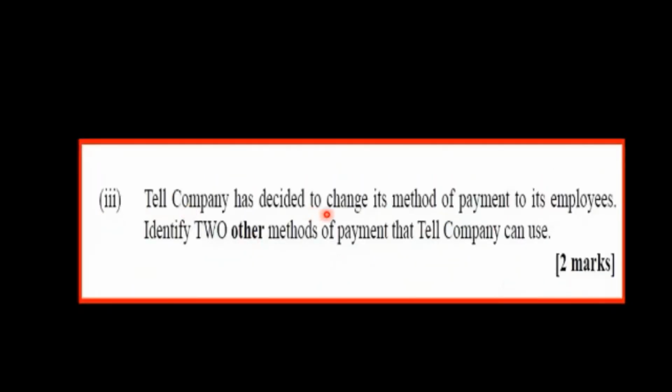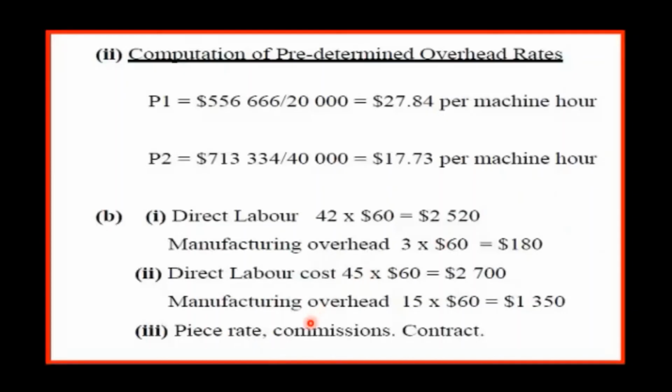Shell company has decided to change its method of payment to its employees. Identify 2 other methods of payment that Shell company can use. Two other methods would be piece rate, commissions, contract. Any one of these two would work.